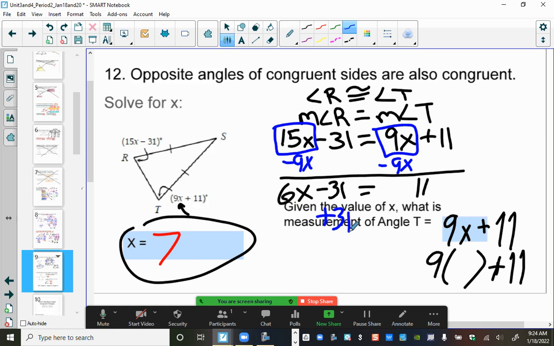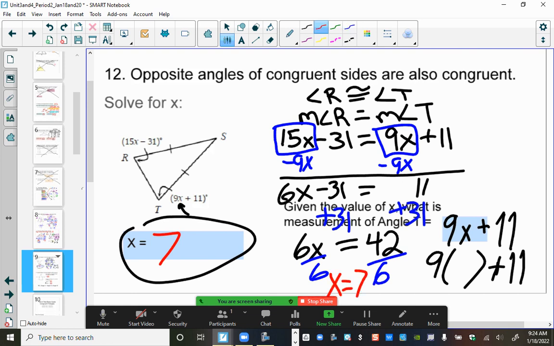Add 31 to both sides. 6x is 42. And then divide by 6. x is 7.